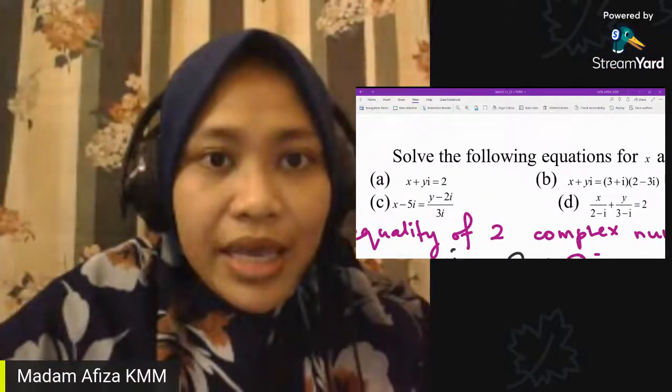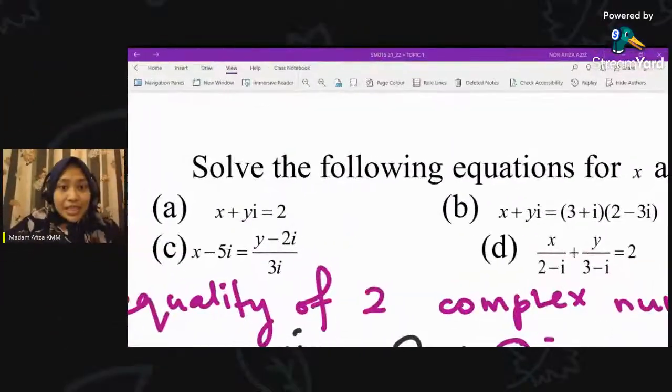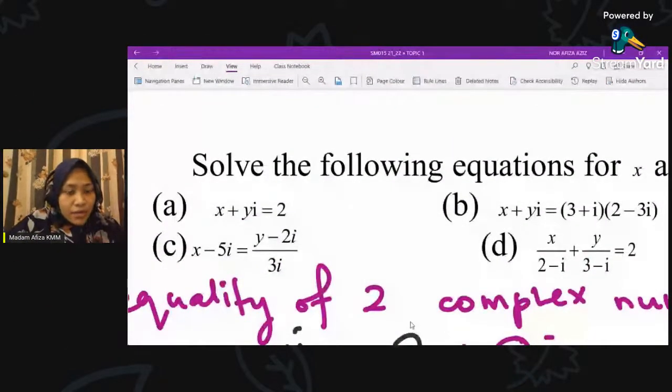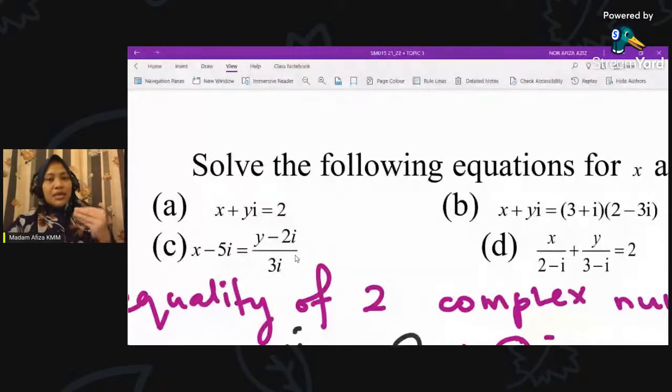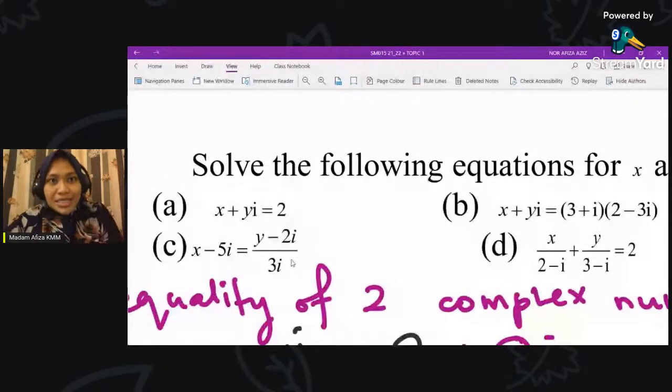Over here, we have x minus 5i equals to y minus 2i over 3i. So please use the knowledge about rationalizing the complex number to solve C and D. Please try C and D on your own.